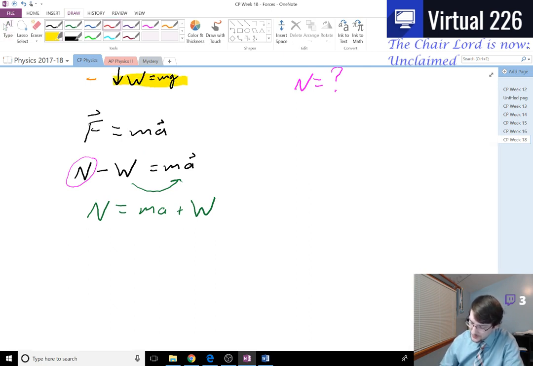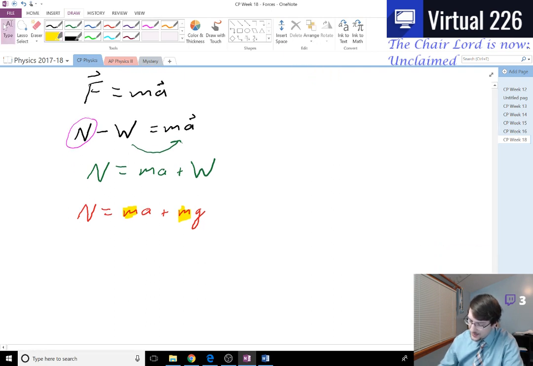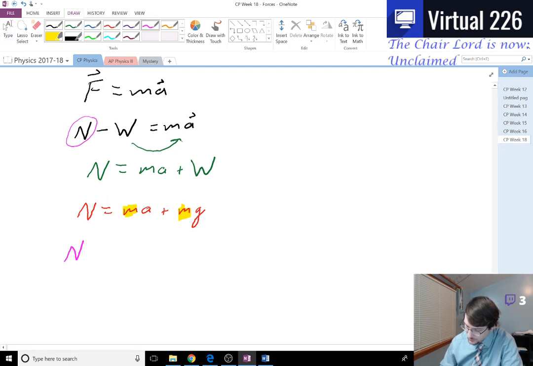So N equals ma plus mg. Since both of these have a mass term in them, the mass of you, you can pull that term out. So the normal force equals the mass times the acceleration of the elevator plus the acceleration due to gravity. In this case, our mass was 70 kilograms.